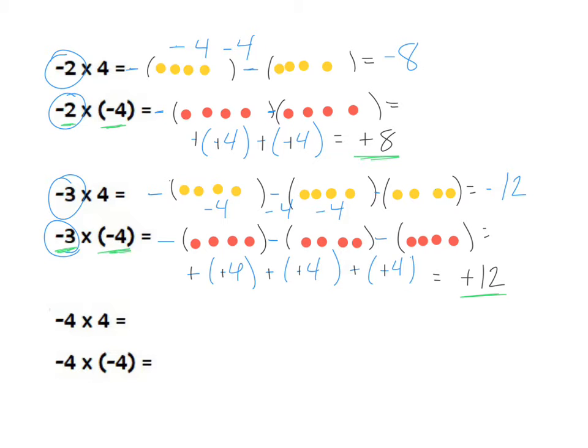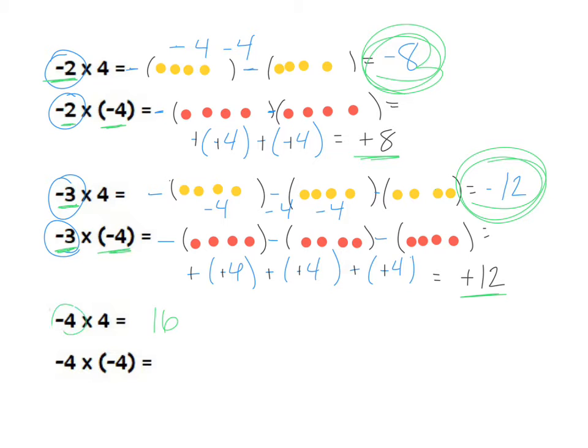On the ones up above them, we have a single negative, ended up with a negative answer. Single negative, ended up with a negative answer. So the ones down below, the 4 by 4, let's try those. We know 4 times 4 is 16. We have one negative, so we should end up with a negative answer. 4 times 4 is 16, but this time we have two negatives. We should end up with a positive answer.